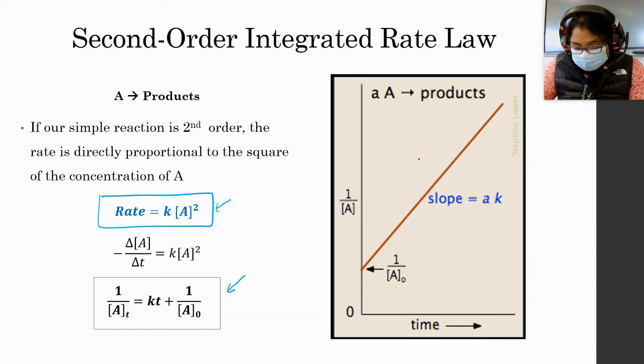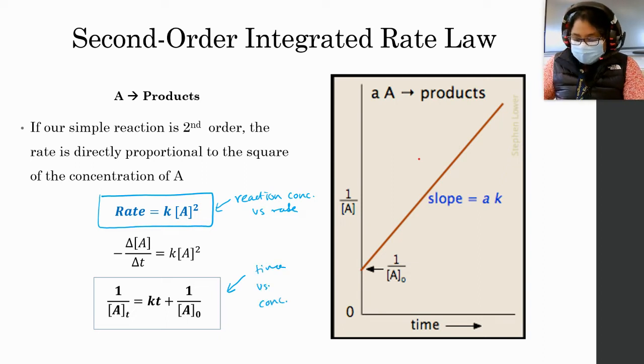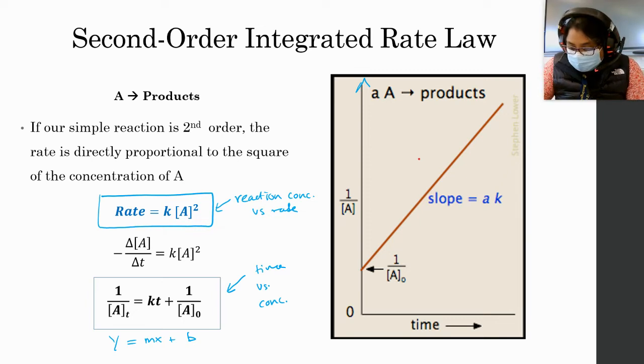So this one is reaction, concentration versus rate. This is time versus concentration. Okay, so in your y equals mx plus b here, y is your 1 over the concentration of A, and then time is again your x-axis.